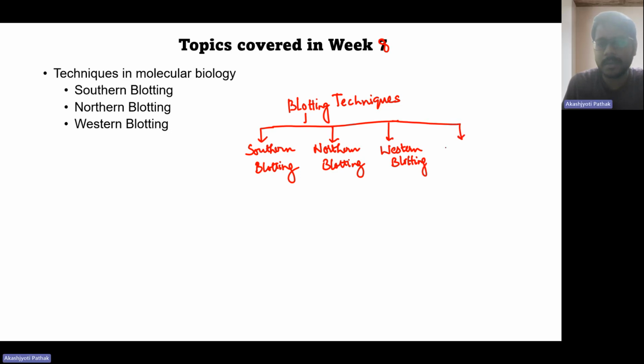And another is Eastern blotting. Out of these four blotting techniques, the first three are very commonly used. Southern blotting is used for detecting whether your DNA has a particular sequence.